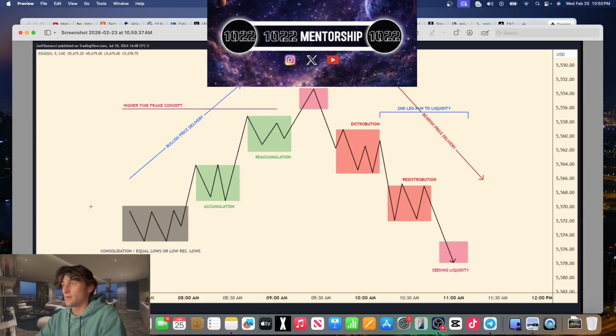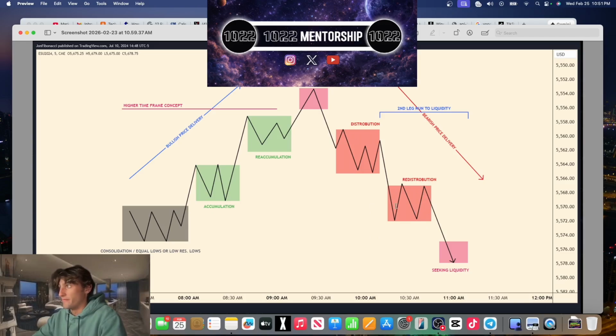Another thing I want to mention is the law of the return. If you guys have seen 48 Laws of Trading, you'll see that one of the laws is the law of return, basically saying what goes up must come down, what goes down must come up. Long story short. After our first leg of distribution, we have our second leg run to liquidity. So we have our redistribution.